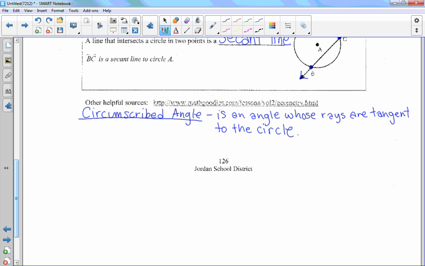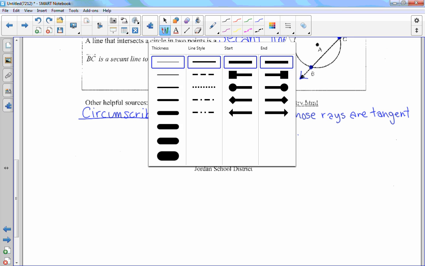And to be tangent to the circle, you need to be on the outside. So we're going to draw a picture.